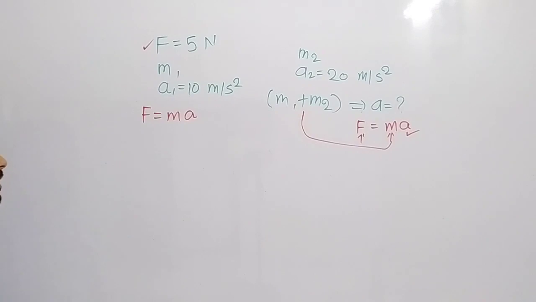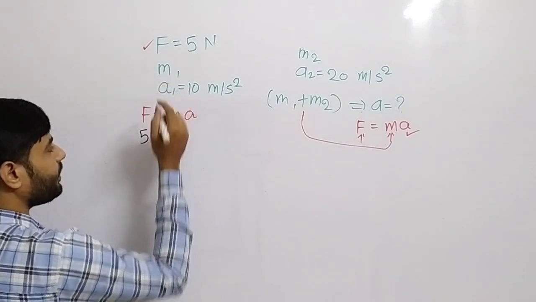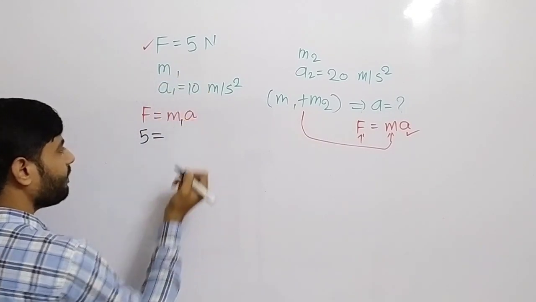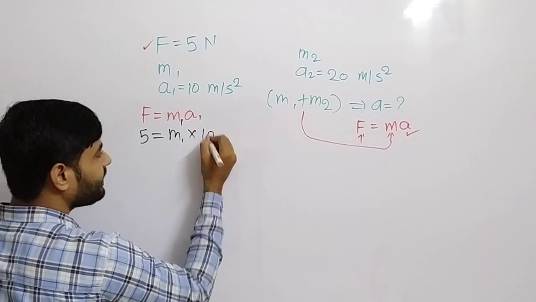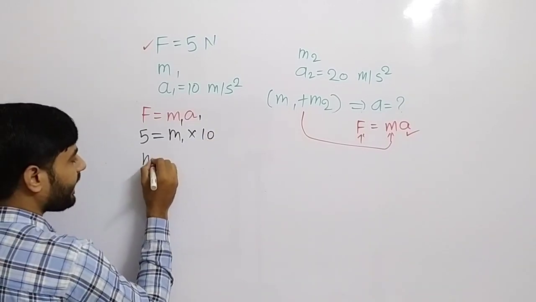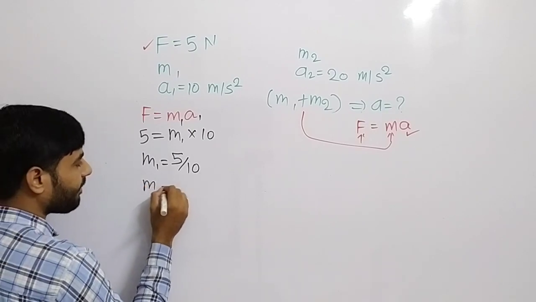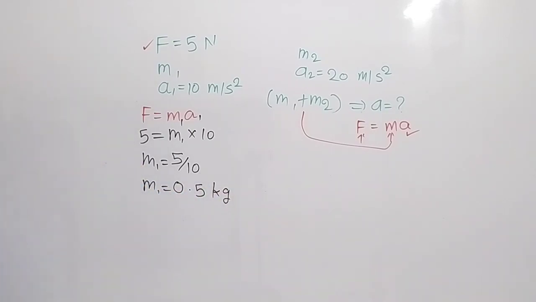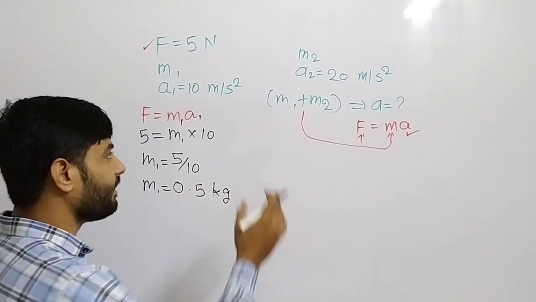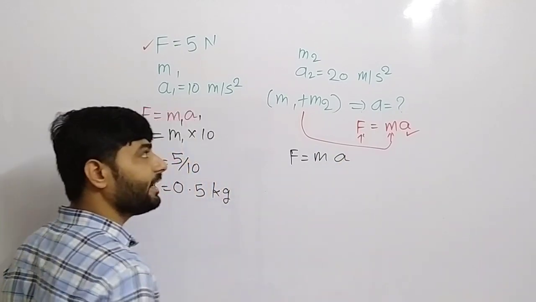To find m1, I apply the same formula, F is equal to ma. Put the value of F, that is 5, is equal to m1 into a1, which is 10. So I got m1 is equal to 5 divided by 10, that is 0.5 kg. Similarly, we can apply the formula F is equal to ma here.